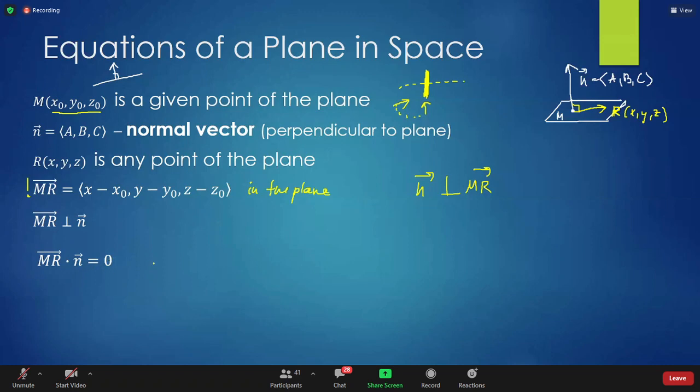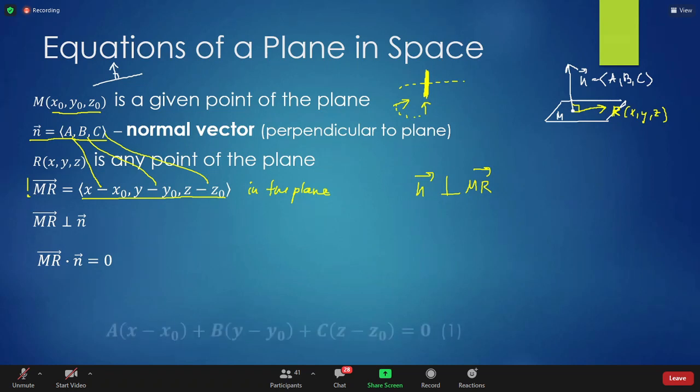Which means, yes, I have to write MR times N equals 0. But see, the vector n has coordinates ABC, and the vector MR has these coordinates. So basically what we need is to multiply these, multiply these, and multiply these, and then add everything up. Remember the definition of the scalar product of two vectors.